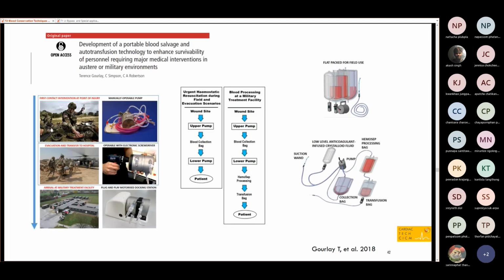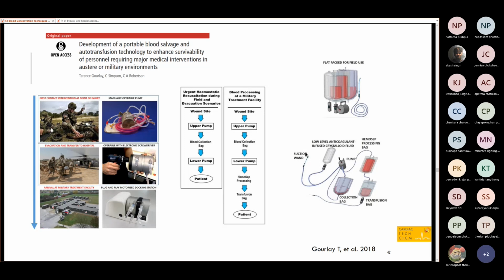So one example, if you remember Dr. Gore's lecture in the previous course, I think you can see there are some. He mentions portable cell salvage to use as the auto transfusion.